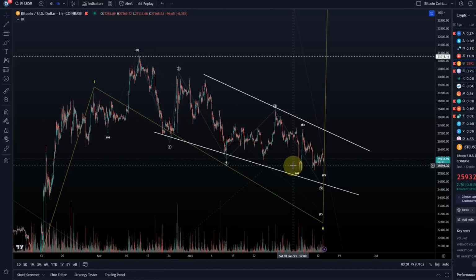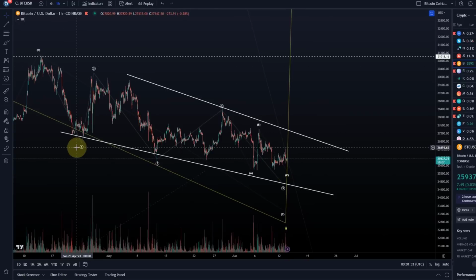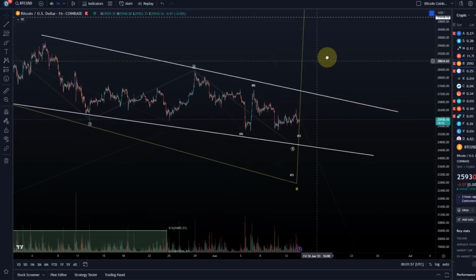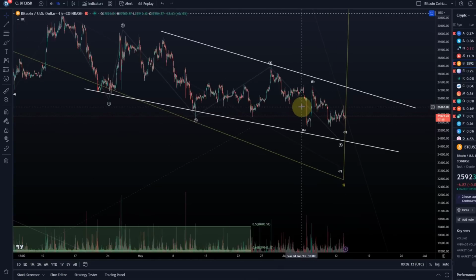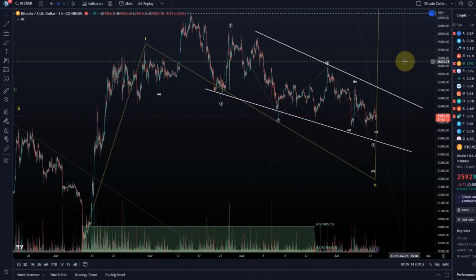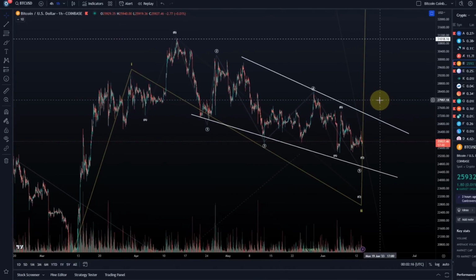The C wave down would be an ending diagonal in which we have already done a wave 1, a wave 2, a wave 3, a wave 4, and the wave 5 is currently probably still unfolding. The current lower degree price action doesn't really confirm that a low is already in. That's why one more low would be likely also in this scenario, but it could also be finished. So this is the count where we actually could have bottomed already. The other two suggest still a lower low.